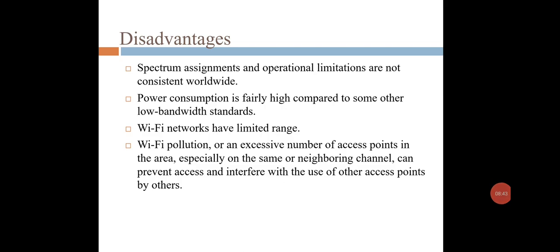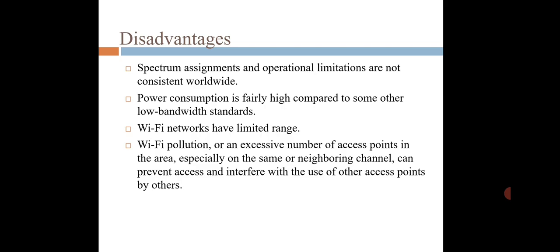Next are the disadvantages of Wi-Fi. First, spectrum assignments and operational limitations are not consistent worldwide. Next, power consumption is fairly high compared to some other low bandwidth standards. Wi-Fi networks have a limited range.